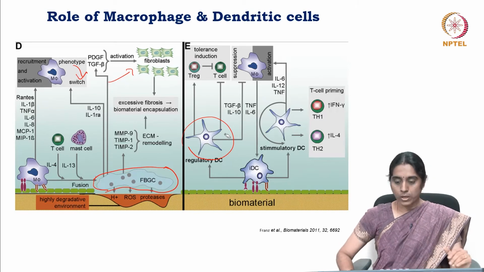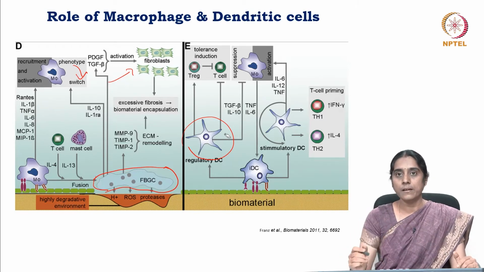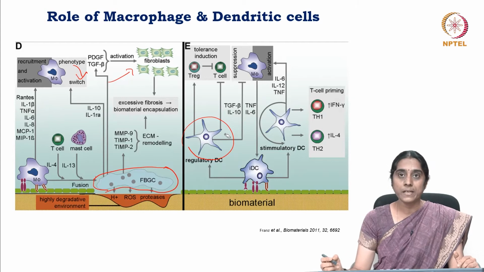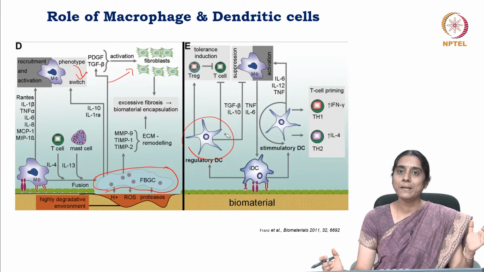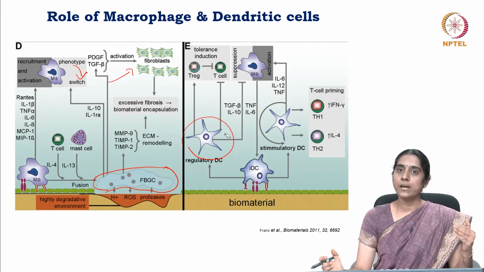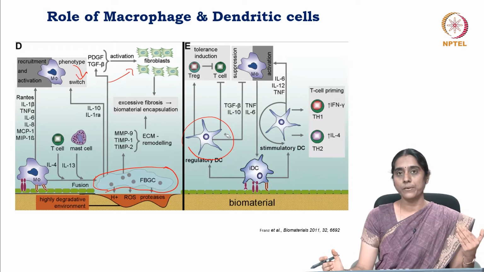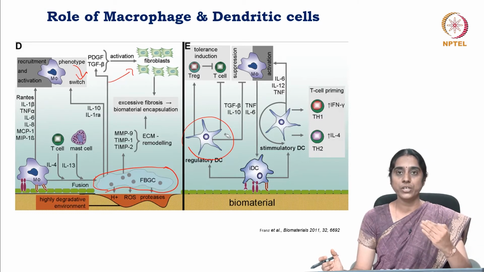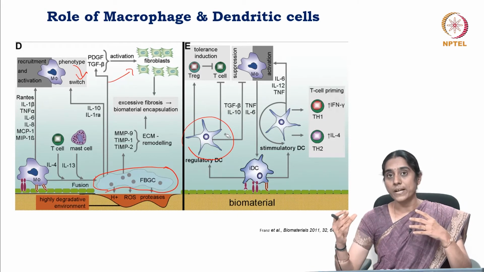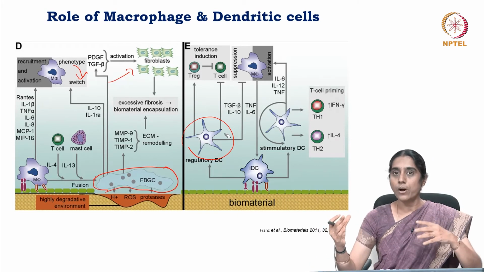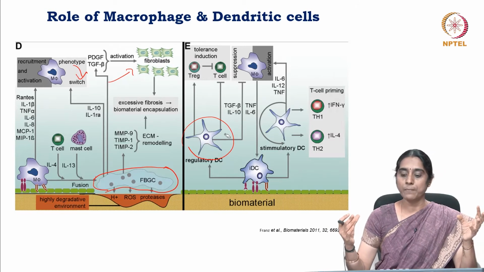You must already have been well exposed to immunology. Dendritic cells are professional antigen presenting cells. Once they are exposed to antigen, they become activated and a process called maturation happens in the dendritic cells, and they are stimulated. Either they can be stimulated or they will enter into a regulatory mode.